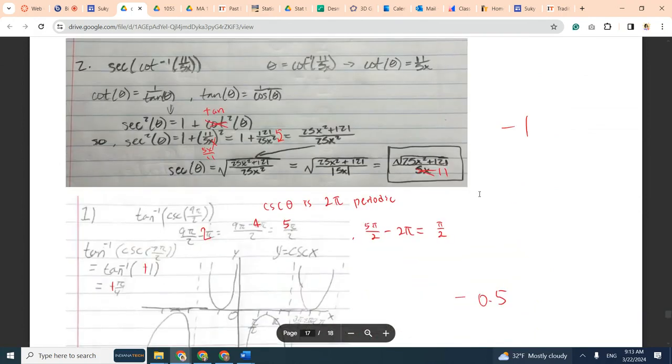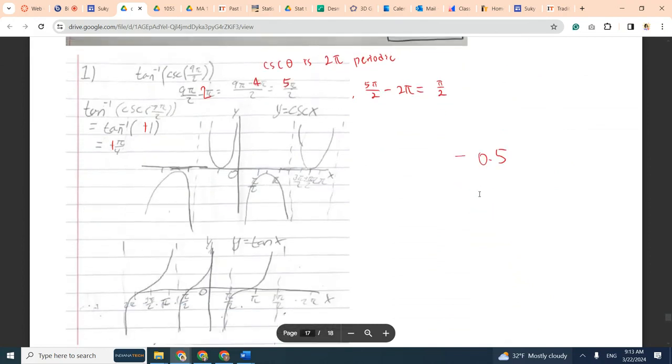And then here, secant squared is 1 plus tangent squared. Okay? And yeah, you can use this method, it works. But the mistake is this is tangent squared. Okay? So here, this method is using the trig identities. Yes, you can certainly do that.